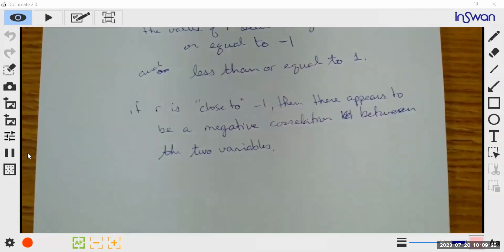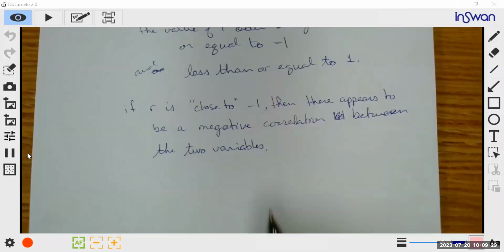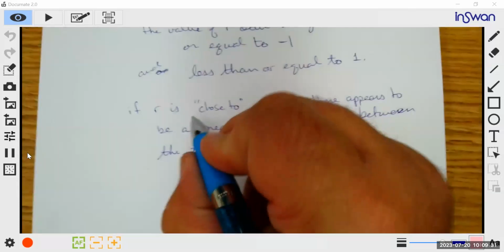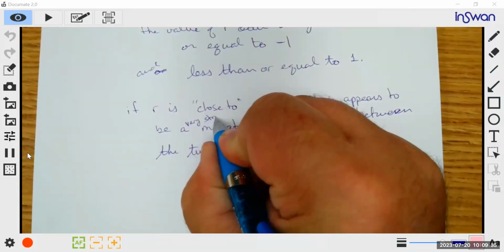And if R is close to +1, then there appears to be a very strong positive correlation.